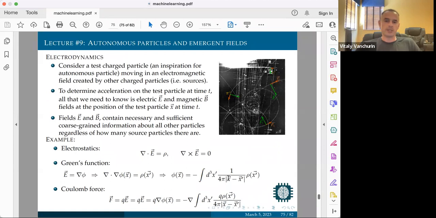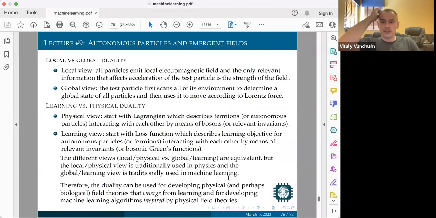We're not expecting that self-driving cars will behave like electrons or anything like that. But those are two pictures: you think about the fields, or you think about locally scanning everything and then determining the relevant invariant. The two pictures are actually not very different, and let me now go through this in a deeper way.